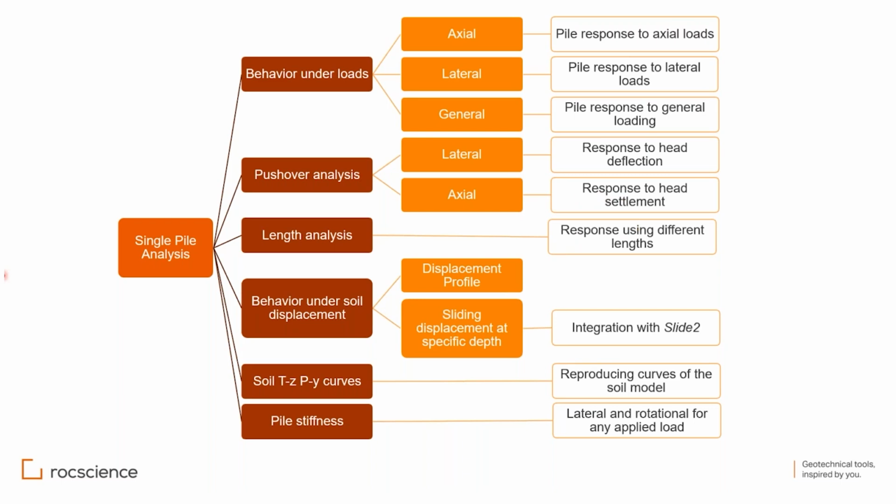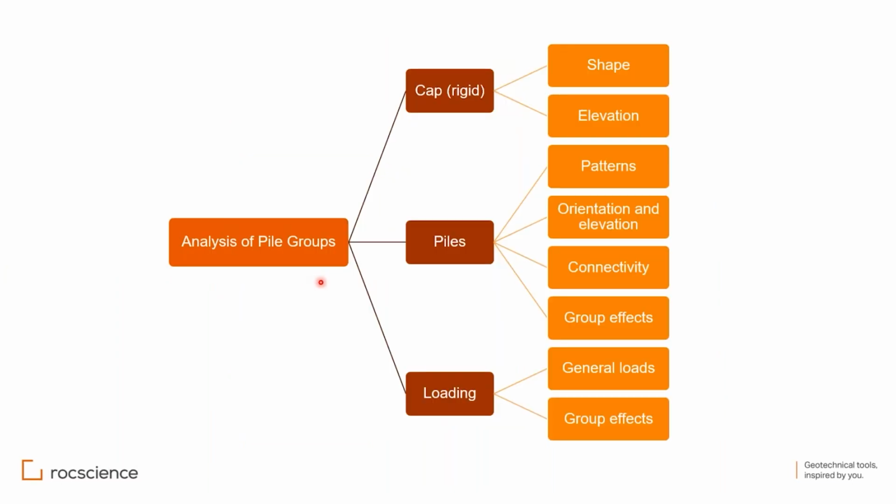And also you can produce t-z and p-y curves, and you can produce the pile stiffness for the structural engineer. Analysis of pile groups was the previous webinar, and it's about pile cap design, shape, elevation, and also pile patterns. You can add any patterns you want, orientation, connectivity, group effects.